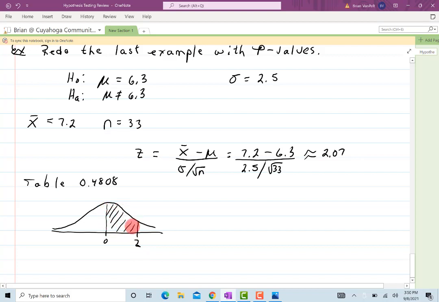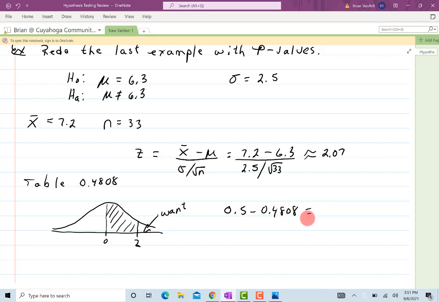So that's not what I want. I want that part. And then we're going to compare that to alpha over 2 when all is said and done. So what I need to do then is take 0.5 minus 0.4808, and what do I get? 0.0192.